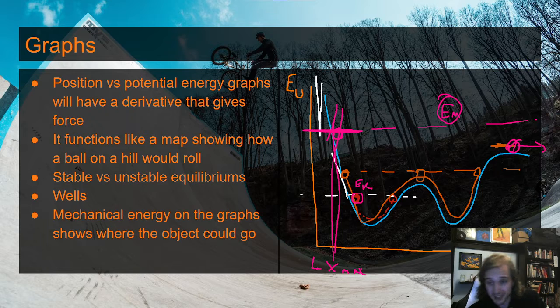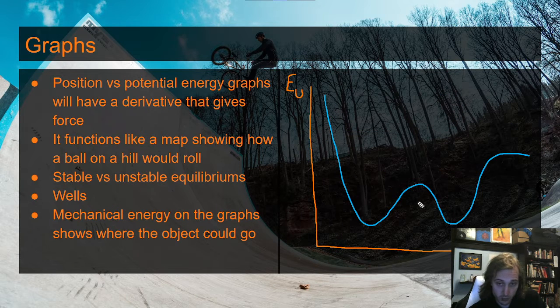I should also talk about stable equilibriums versus unstable equilibriums, which are really easy to visualize on a potential energy graph. If you have a stable equilibrium, you'll have force pushing you back towards the middle.